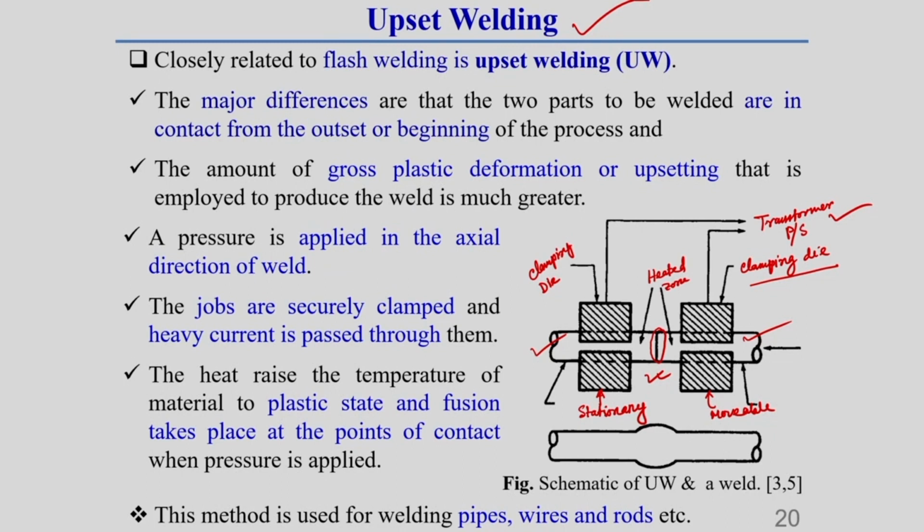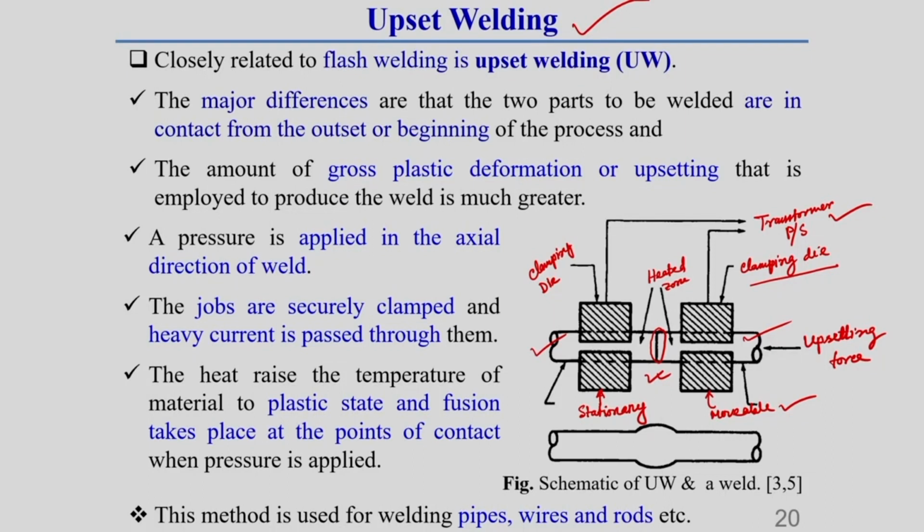An offsetting force, or offsetting types of pressure, is generally applied in this movable types of clamp or movable types of workpiece. So the job is sequentially clamped and heavy current is passed through this job.